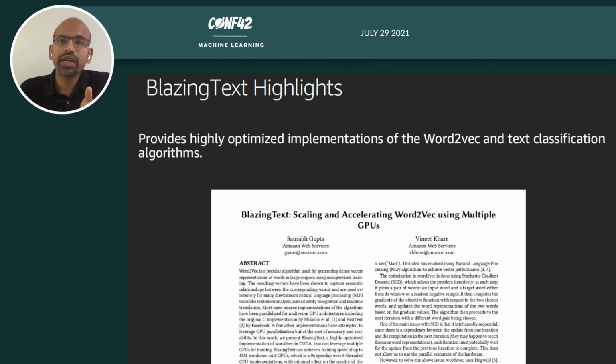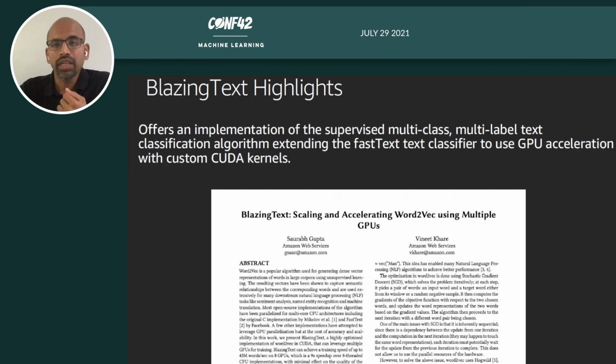Using BlazingText, you can train a model with more than a billion words in probably a couple of minutes using multi-core CPU or GPU, and you can achieve performance on par with state-of-the-art deep learning text classification algorithms out there.